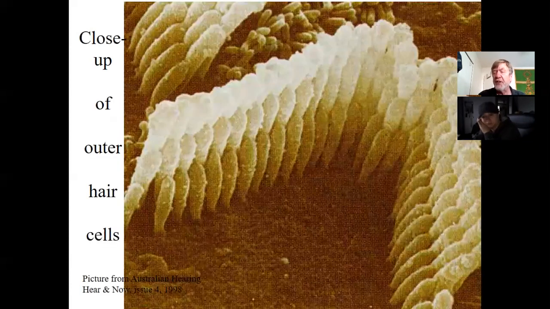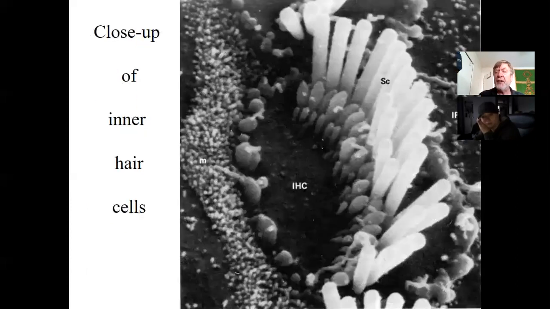Here's the close-up of hairs of the outer hair cells. How many are there? About 100, 110. On the inner hair cells, about 50. Okay? How many inner hair cells do you have in a cochlea? 3,000. How many outer hair cells do you have in each cochlea? 12,000.